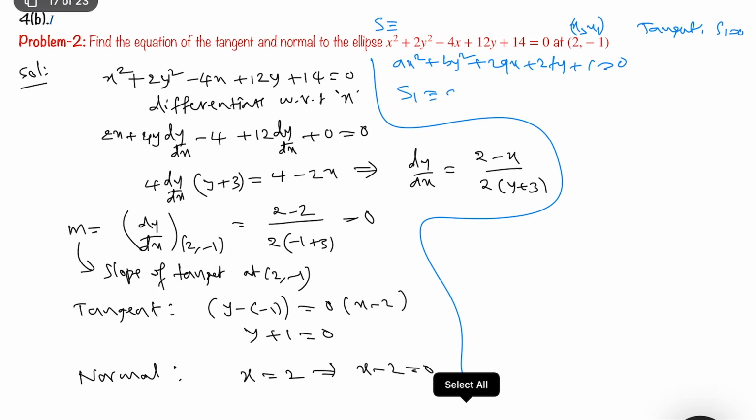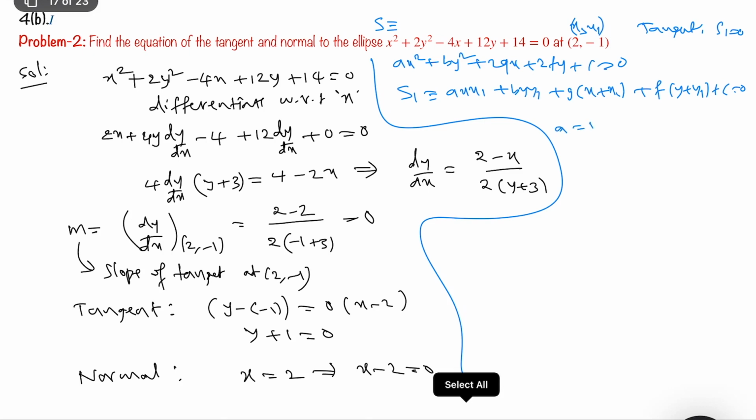S1 will be axx1 + byy1 + g(x + x1) + f(y + y1) + c = 0.